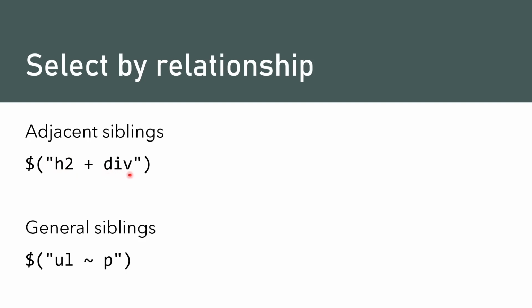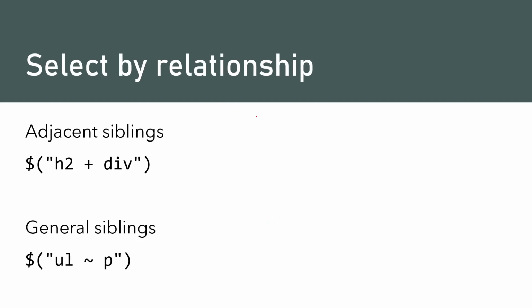So any div elements that are right next to and on the same level as an H2 element. And then general siblings just have to be on the same level and have the same parent, but don't have to be touching each other in the HTML document. So for example, this selector would select all paragraph elements that are just general siblings of UL elements.